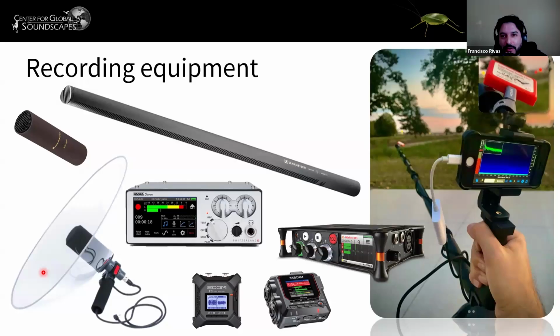If you want to do a very detailed temporal analysis, I would recommend using, for example, the parabolic reflector, or using these microphones and going as close as you can to the insect, no matter if you get a saturated signal, because you can use another microphone or another recording to do the spectral analysis.